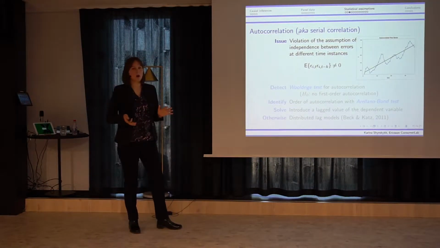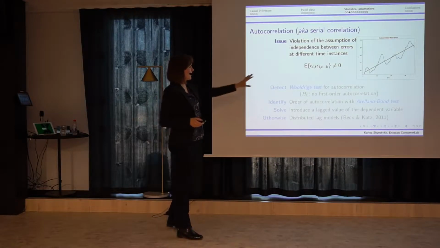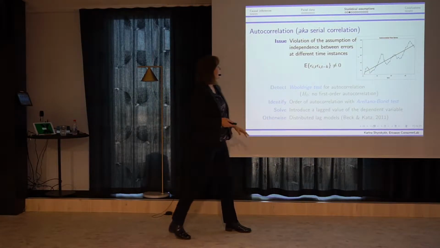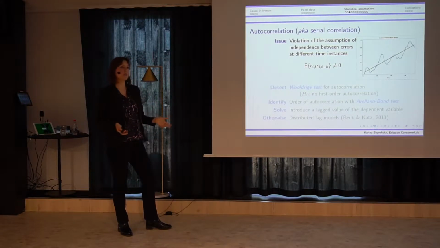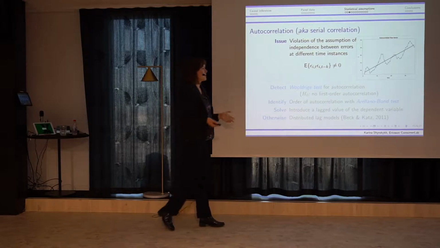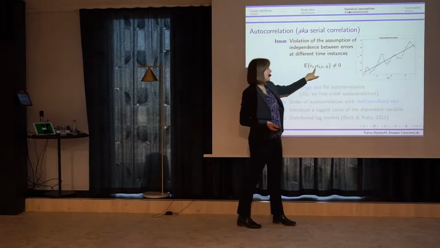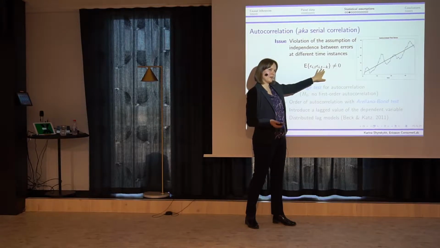So I'm now talking about the assumptions. This is the autocorrelation picture that I have there. When we have autocorrelation in our data, it violates the assumption that we have independent errors in our data. There is dependency between, let's say, your current observation and the observation at some other period of time.